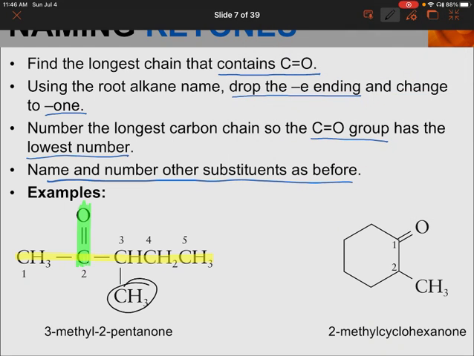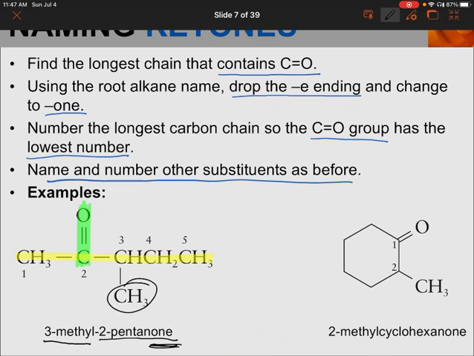Now we're going to prioritize the carbonyl group because it's in our longest chain. So we want to number from left to right so that the carbonyl group has the lowest number possible. And then the methyl group will be on carbon 3. So we end up with the name 3-methyl-2-pentanone. So ONE is our ending there.